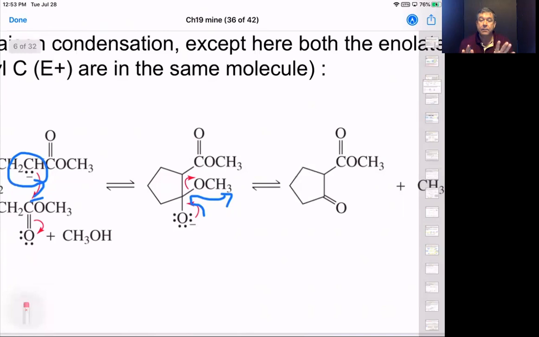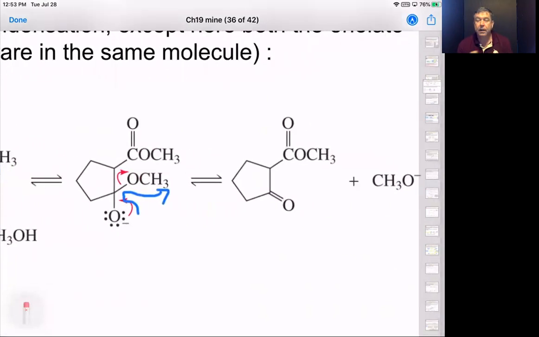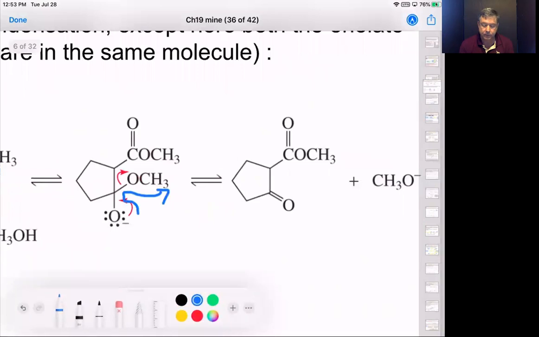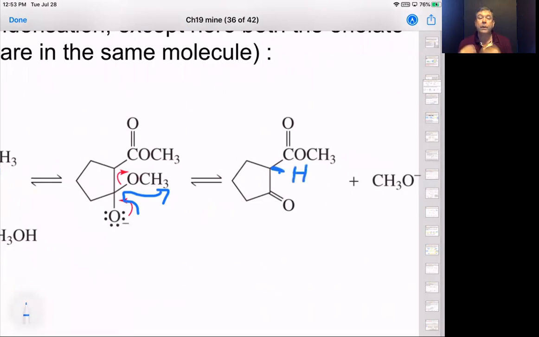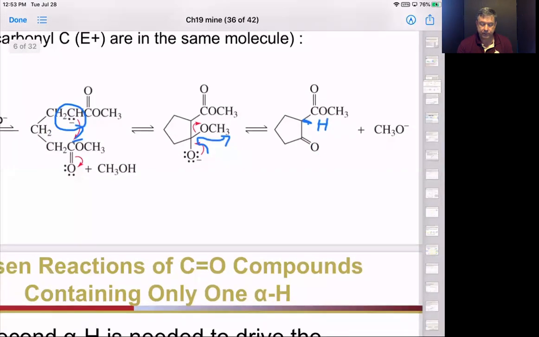We still made the same structure, and regenerate our alkoxide. And of course, this is going to react with our last beta hydrogen right here to trap it as our anion until we quench the reaction with acid. Okay, so there's some rules associated with this right here.